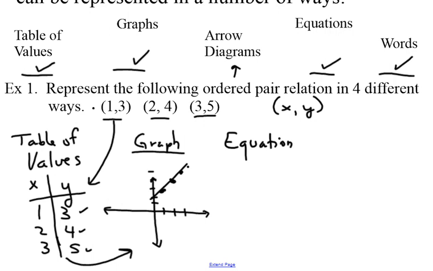Now the equation, you got to do some mathematical thinking. Equations tell us, in this case, we end up with a y value based on some relation of what's happening to x.